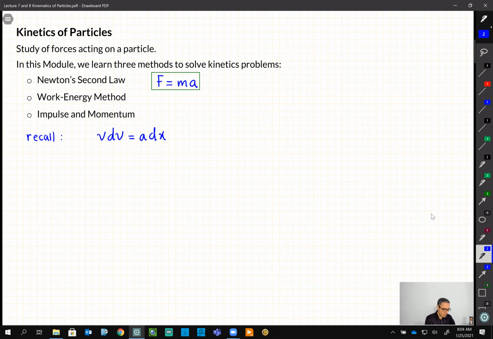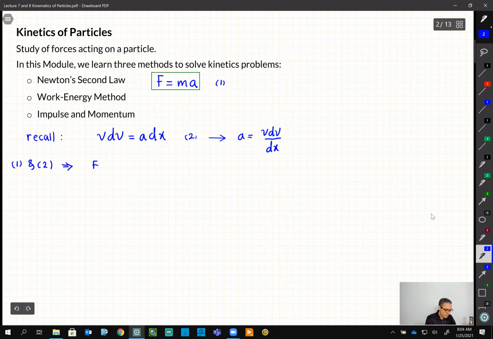So from this formula, let's call this one 1 and this one 2. From formula 2, A is equal to v dv divided by dx. If I substitute this in formula 1, a combination of formula 1 and 2, what do we get?